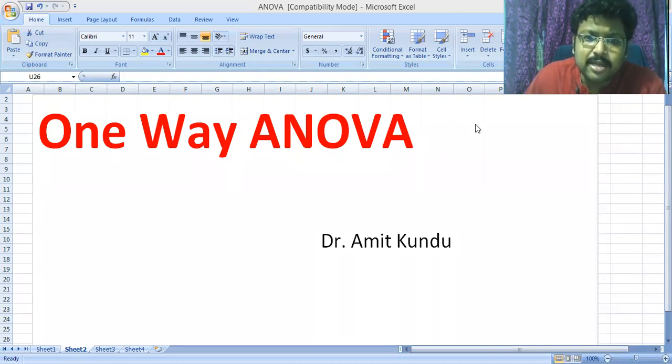At least there should be three conditions. And with an example, I try to clarify how to compute the one-way ANOVA.